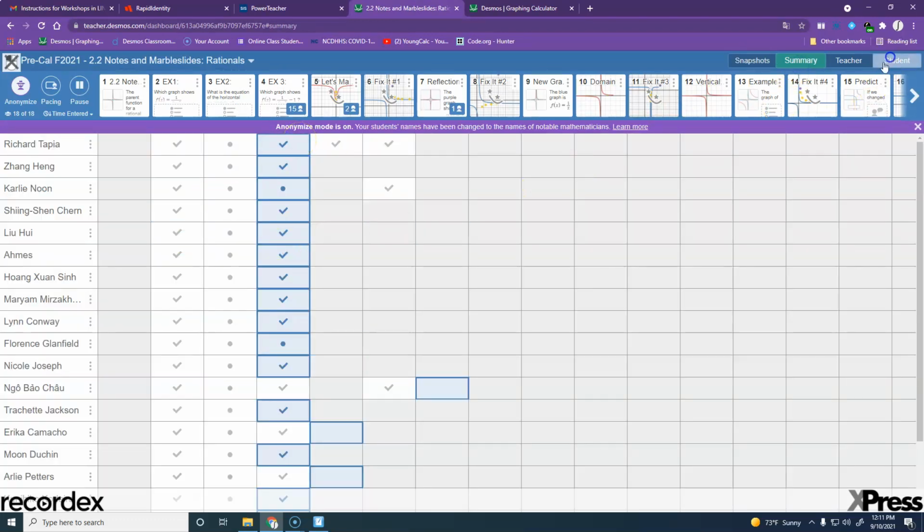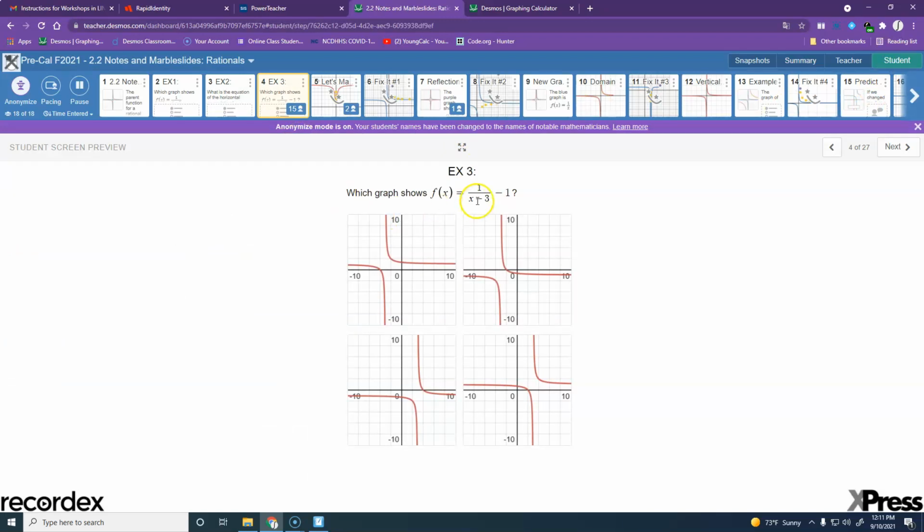Well, I guess I'll just go student version. So this graph right here should go to the right 3 and down 1. So you'll go right 3, down 1, which is counting by 2s here. So right 3, down 1, that's not this one. Right 3, down 1, right here. That is the correct graph.